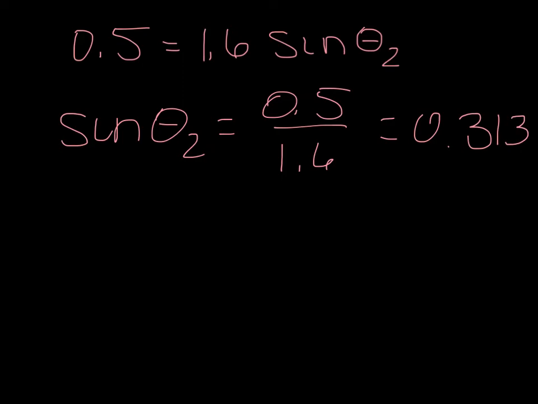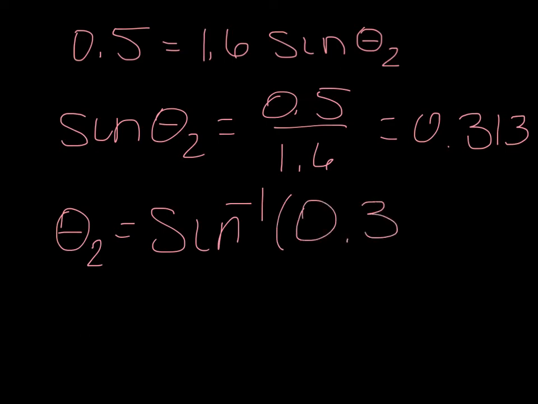Now we need theta by itself. So this is an inverse. Theta 2 is equal to the inverse sine of 0.313. Make sure your calculator's in degrees, and sine inverse is the second sine button.